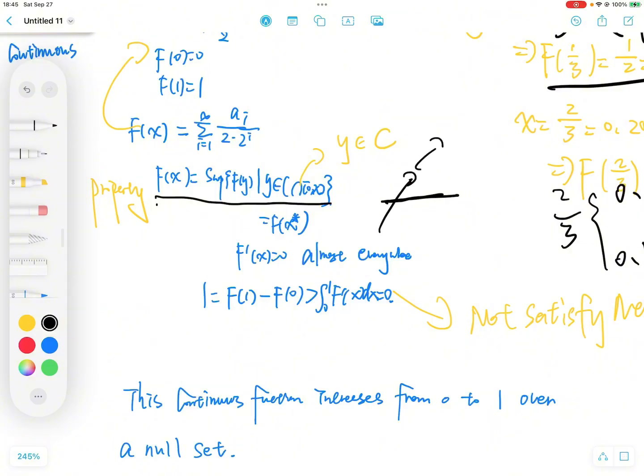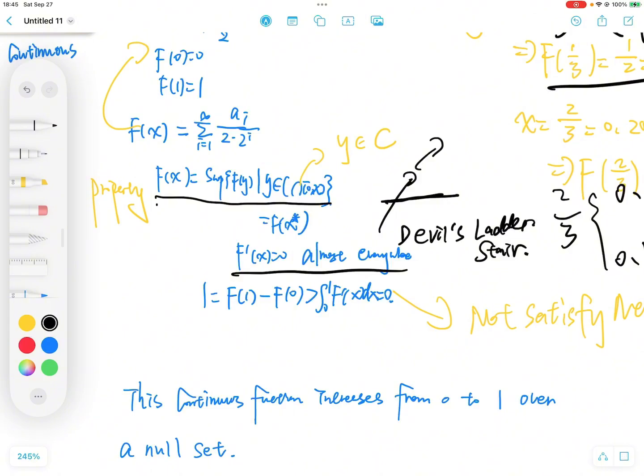However, it increases. You can't imagine this kind of thing, because it increased very fast, but its derivative actually equals 0 almost everywhere.